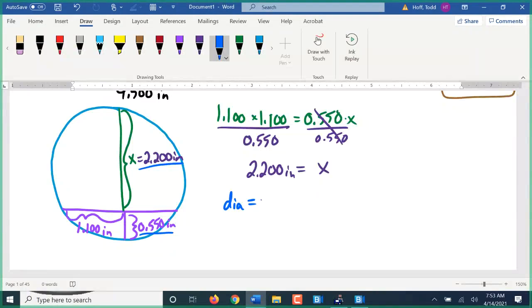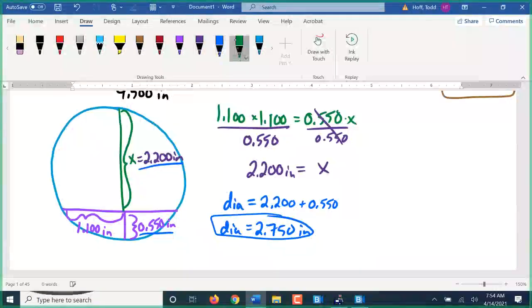We add the 2.2 and the 0.55. It was 2.75 for that circle. Means the radius of that circle is... perfect. Half of the 2.75 gives us 1.375. We have a radius.